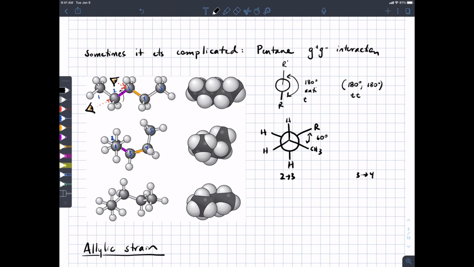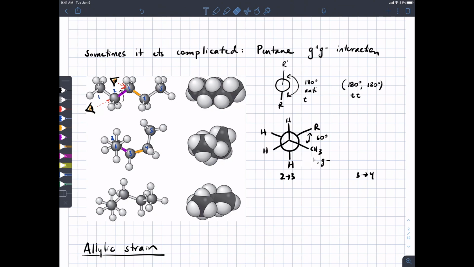You would just call that last one gauche, right? Yes, this first conformation is, yeah, gauche. There is a gauche plus and a gauche minus depending on whether you rotate counterclockwise versus clockwise.